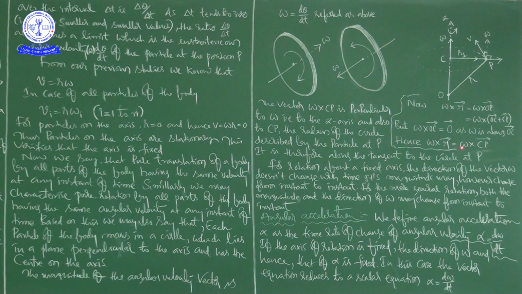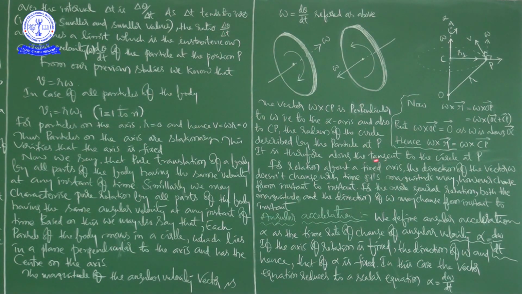And omega cross r bar is equal to omega cross CP. Afterwards, you come to this point: the vector omega cross CP is perpendicular to omega, that is to the z axis, okay?